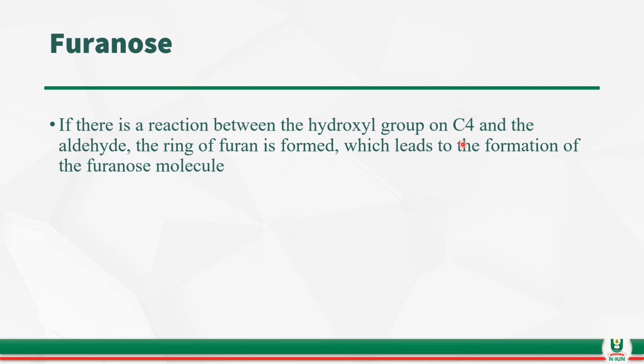Instead of having a 6-sided figure, we'll have a 5-sided figure. And the name of such figures is furan. So we have furanose to tell you that we're still dealing with sugar.